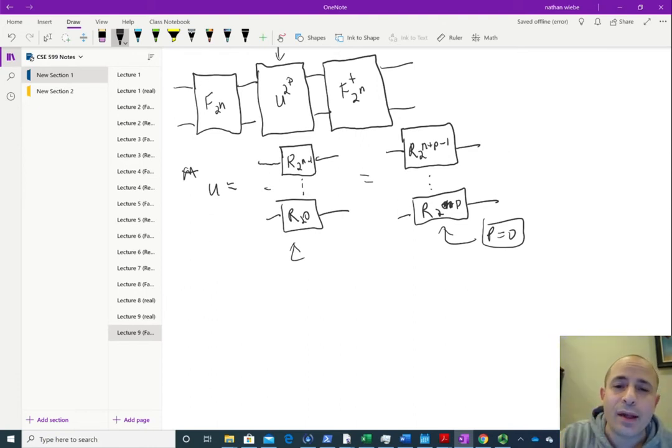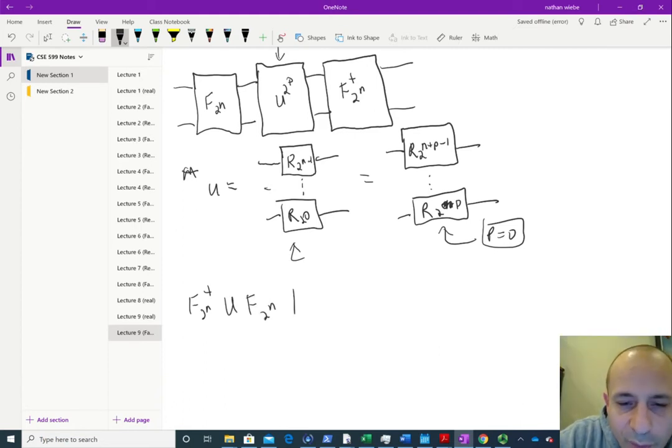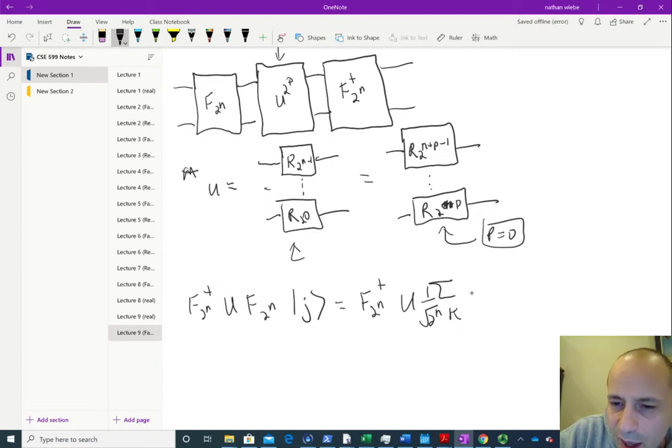Awesome. So now let me just verify that this ends up doing exactly the same thing. Going through the totally same analysis that we had before, we have that F 2 to the n dagger U F 2 to the n, acting on an arbitrary input state j, ends up giving us the inverse Fourier transform of U acting on 1 over square root 2 to the n sum over k e to the 2 pi i j k divided by 2 to the n, k.